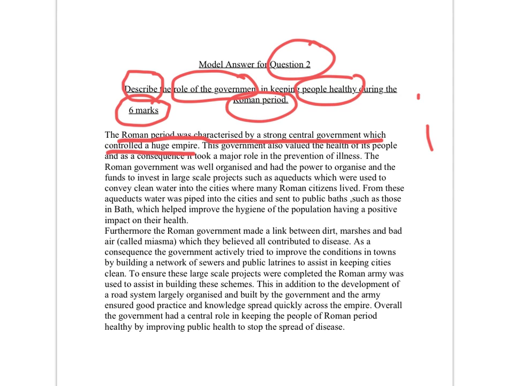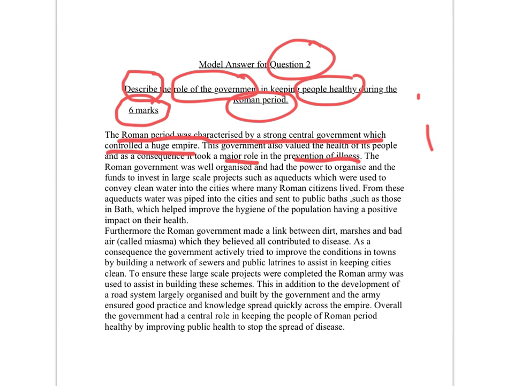Now, this question is focusing not on how government worked, but focusing on how it impacted the health of people. And the first thing we need to make clear is the government was valuing the health of its people, and it took a major role in preventing illness, i.e. keeping people healthy.